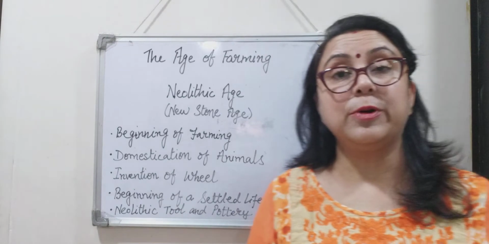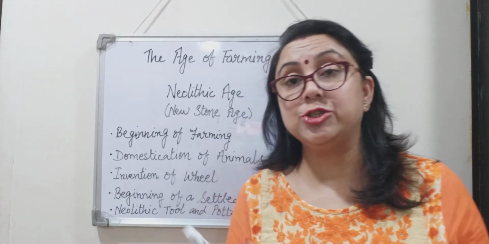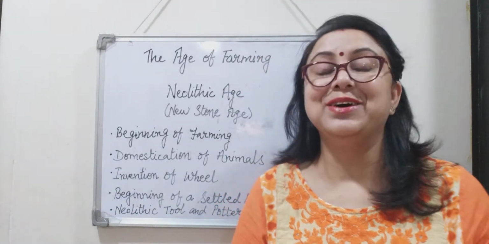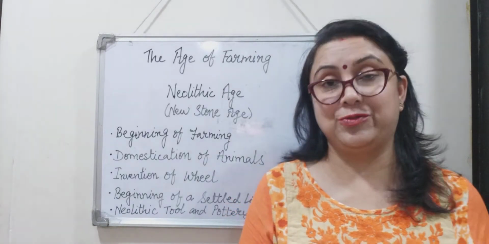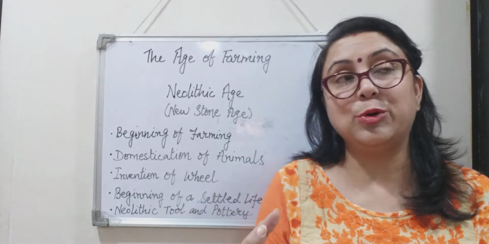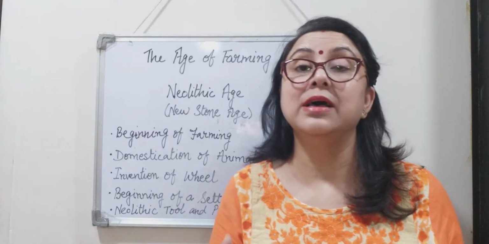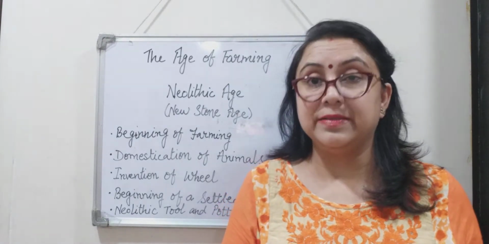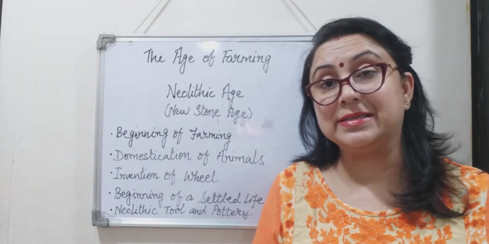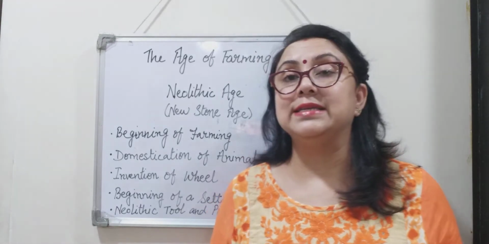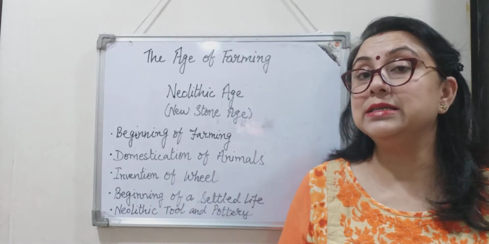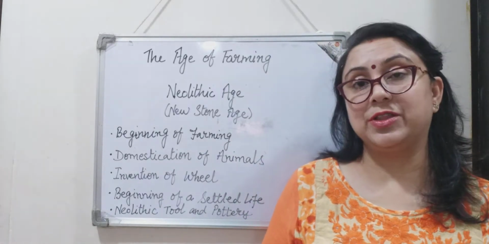And about pottery, with the invention of the wheel, pottery also improved. The earthen pots were made in a better way with better designs, right? So now let us proceed further and discuss the rest of the lesson.